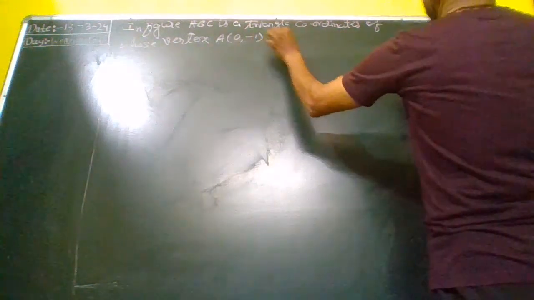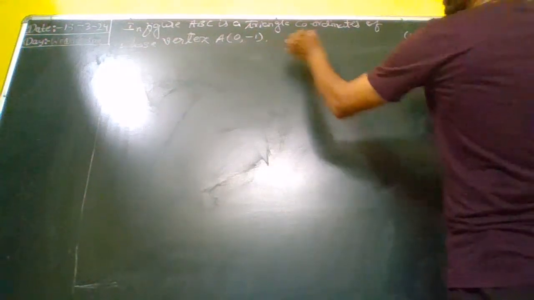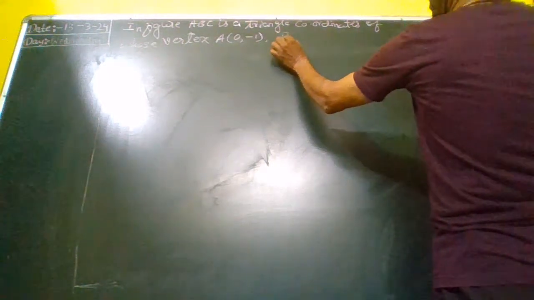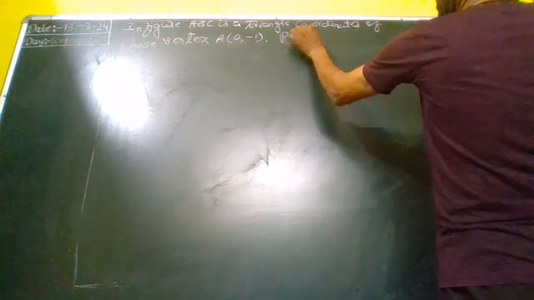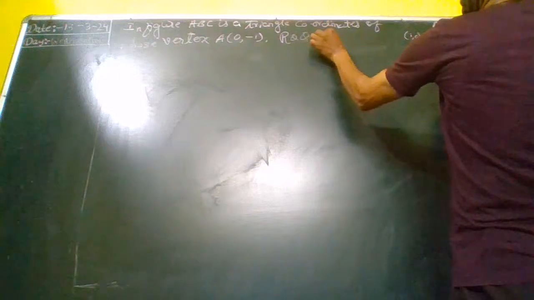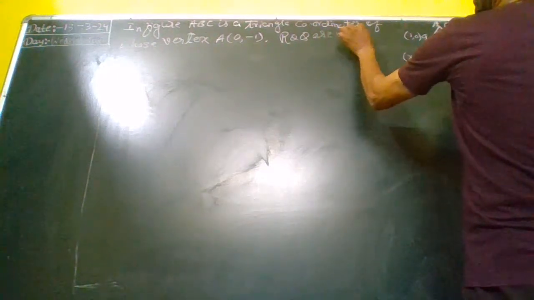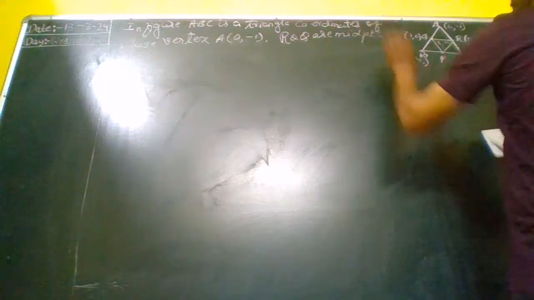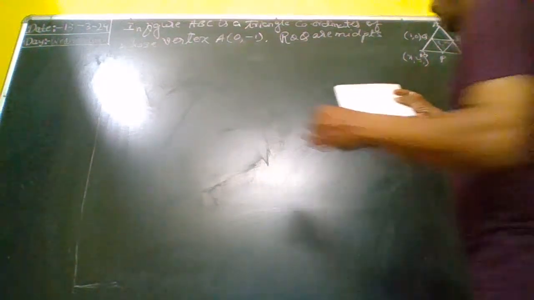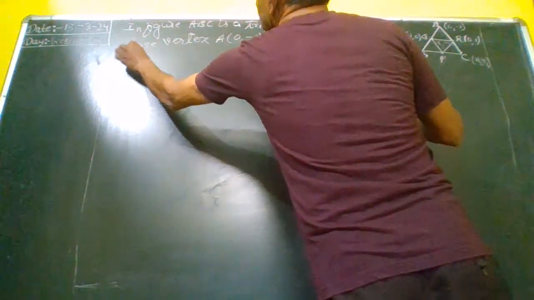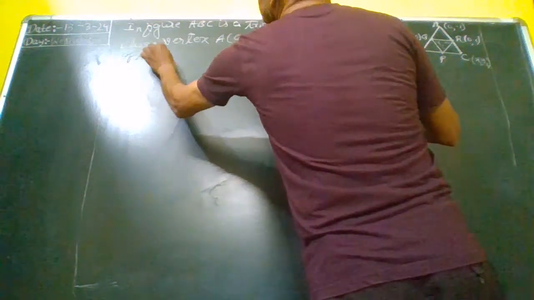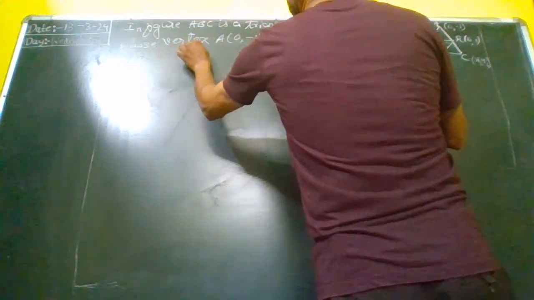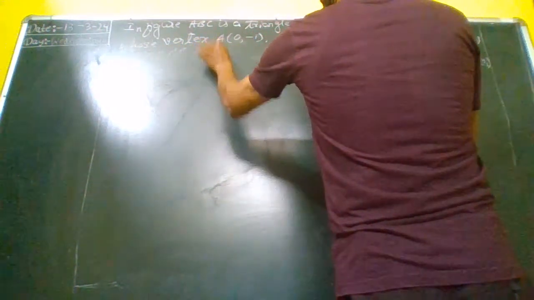Q and R, that is R and Q, are midpoints of AC and AB respectively.